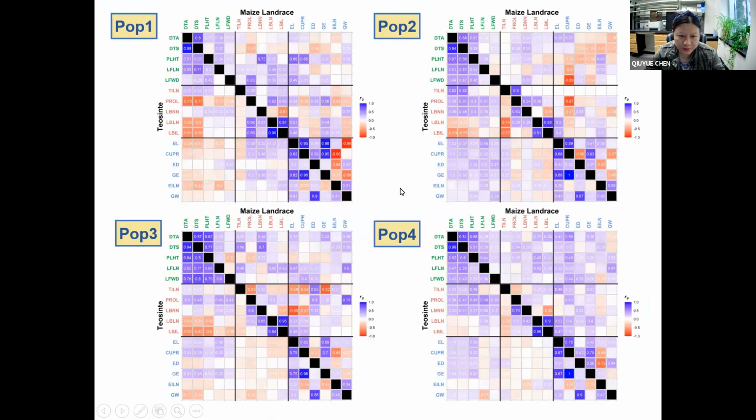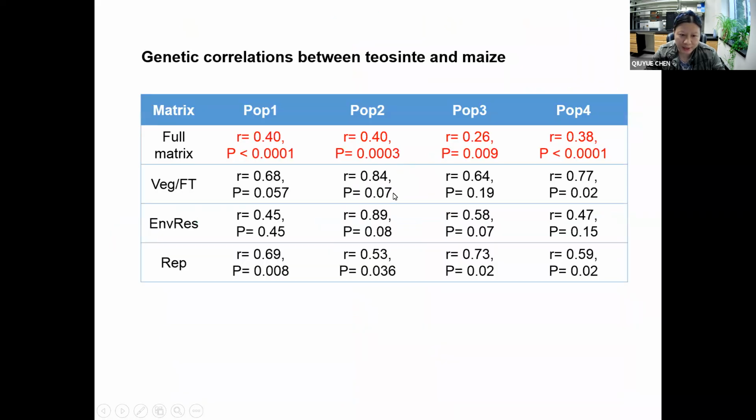Again, we also calculated the genetic correlation matrix in each individual population and did the Mantel test. In each single population, we also observed that the genetic correlations are conserved overall, and also better conserved in some submatrices.